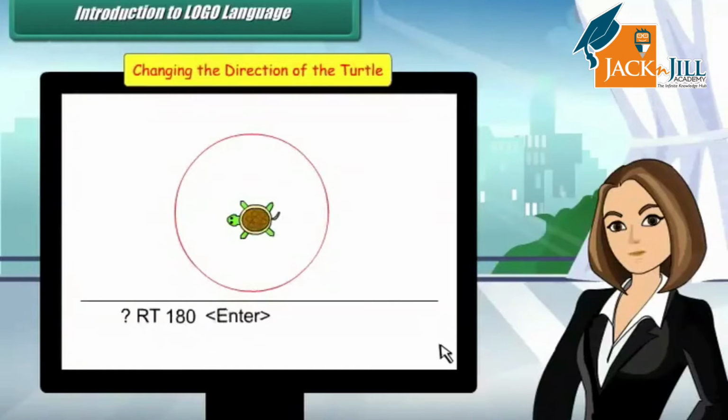So, RT space 180 or LT space 180 will turn the turtle's face in the opposite direction. That is, if the turtle is facing right, it will face towards left, and if the turtle is facing upwards, it will start facing downwards.